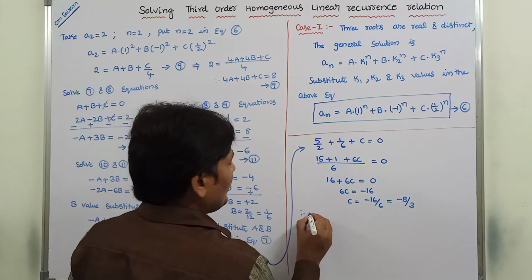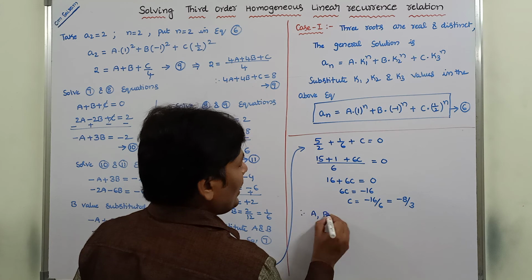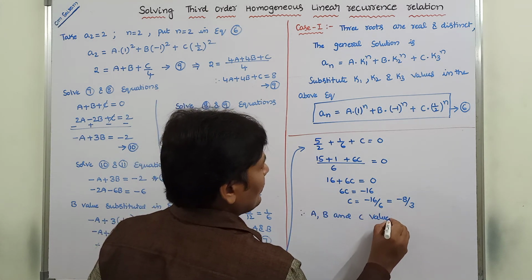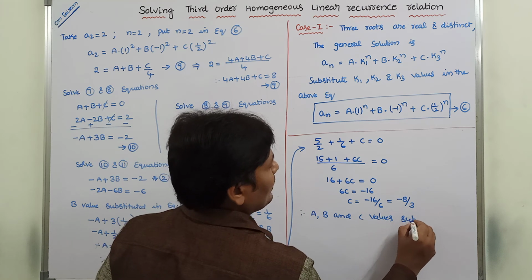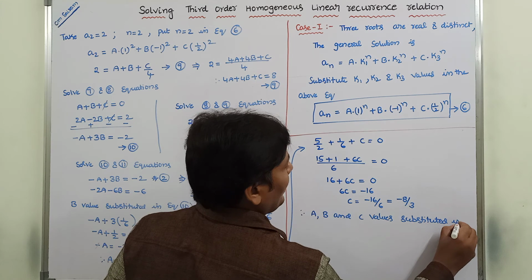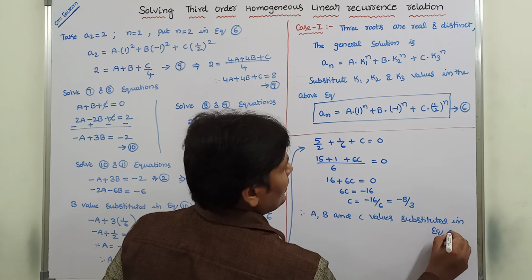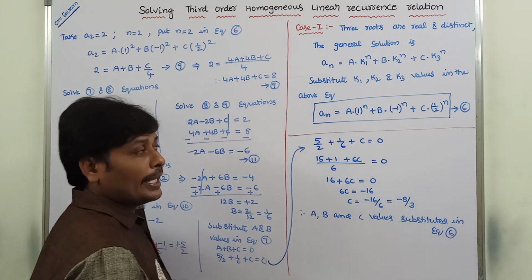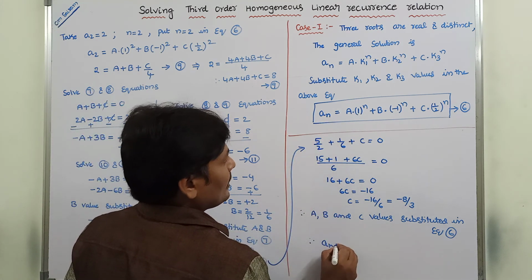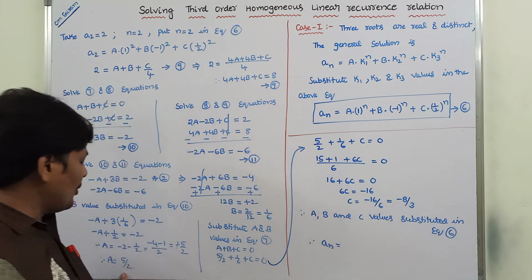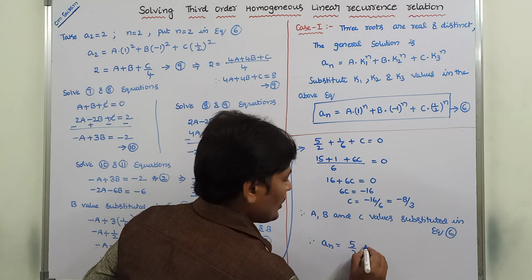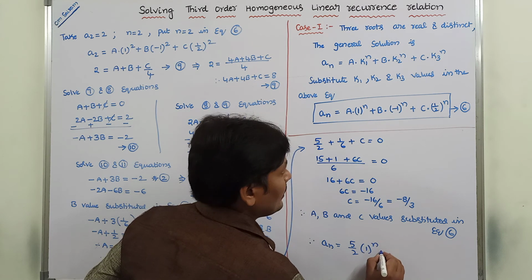So therefore A, B and C values are substituted in equation 6. Therefore A suffix n is equal to, what is A value? 5 by 2. So 5 by 2 into 1 power n.